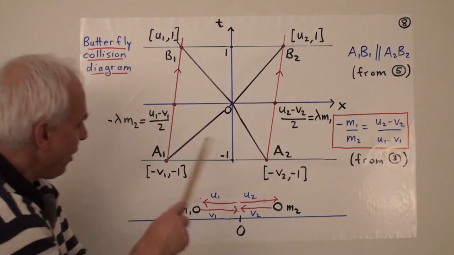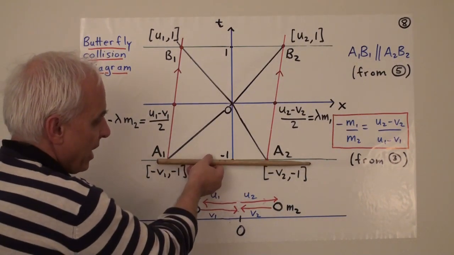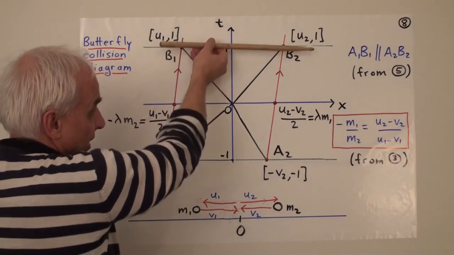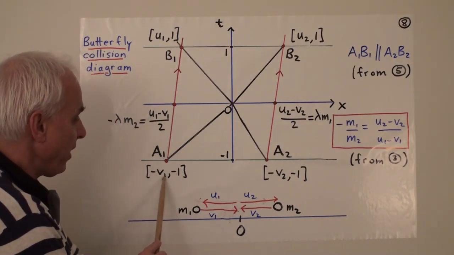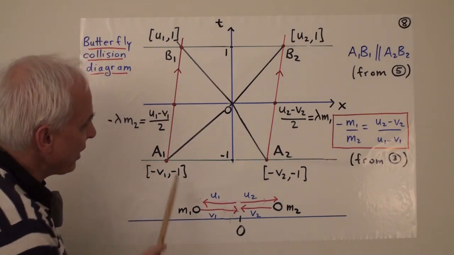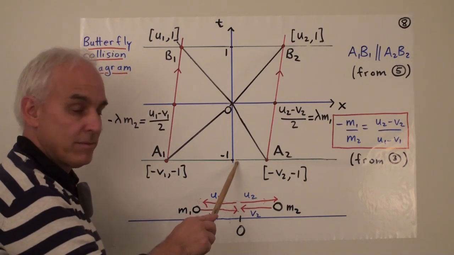Where? Well, if we just look to see where the world lines meet this line t equals minus 1, and then these two where they meet the line t equals 1. This will be the point minus v1, minus 1. Why is that? Because this separation here is 1. All right.